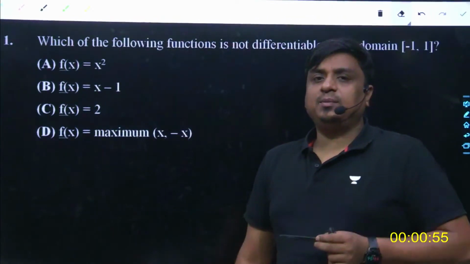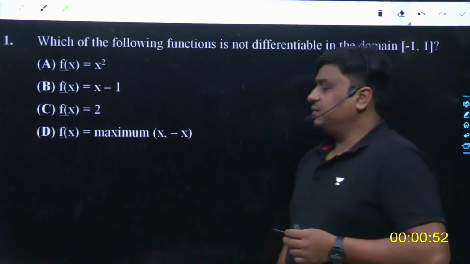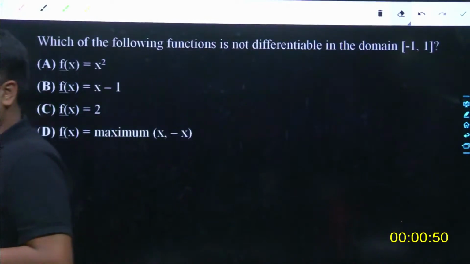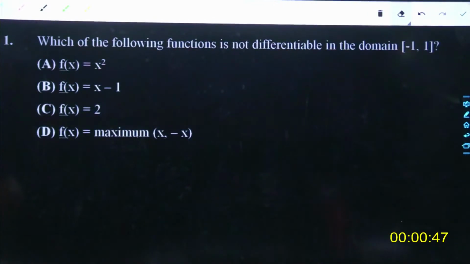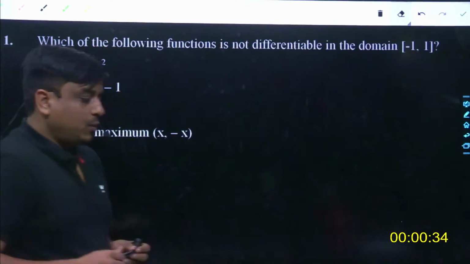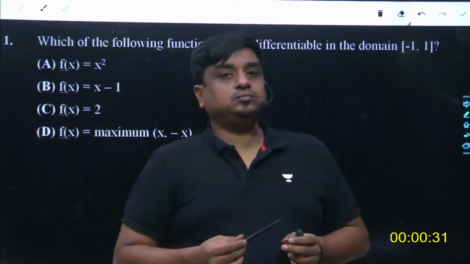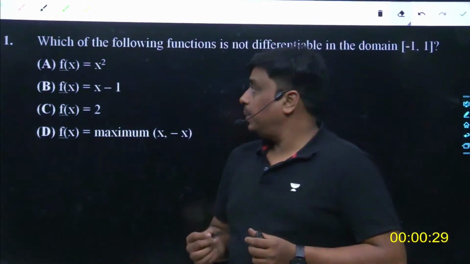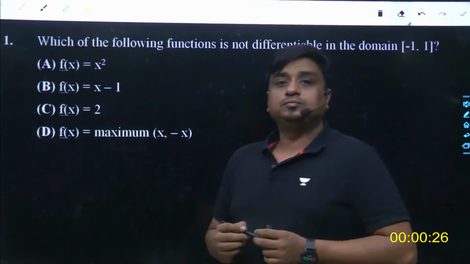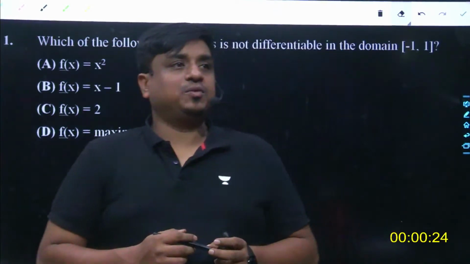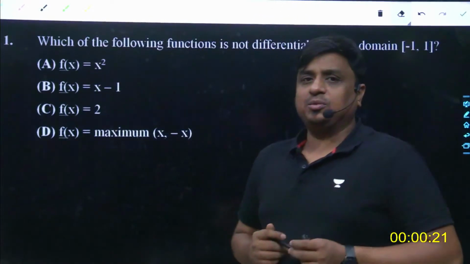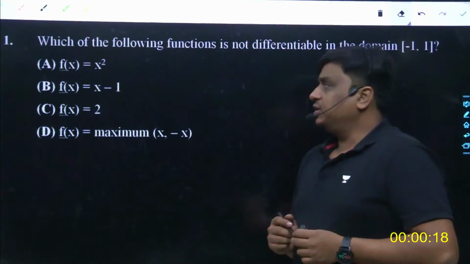Read the problem carefully and tell me the best answer for this given question. Approximately 20 seconds are left for this question.